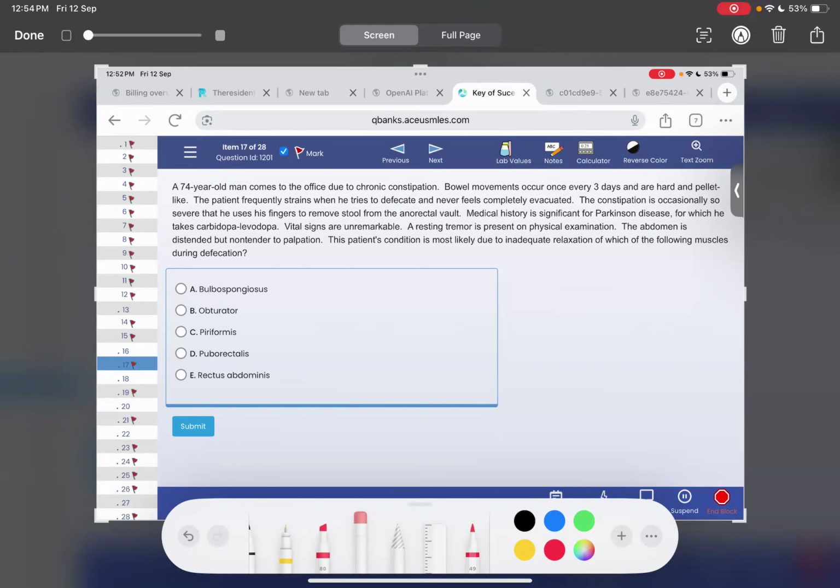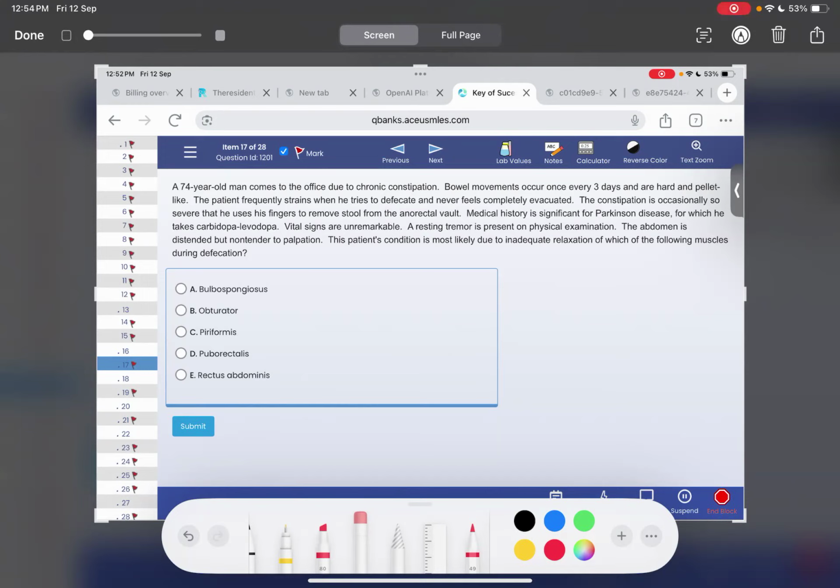A 74-year-old man comes to the office due to chronic constipation. Bowel movements occur once every 3 days and are hard and pellet-like. The patient frequently strains when he tries to defecate and never feels completely evacuated. The constipation is occasionally so severe that he uses his fingers to remove stool from the anorectal vault.